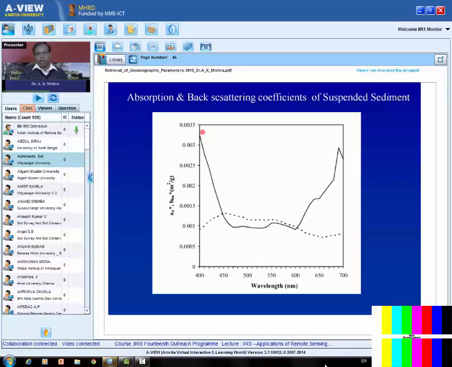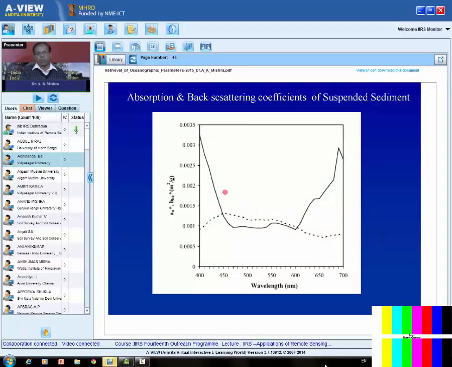So I am showing here the absorption and backscattering coefficient of suspended sediments. Normally there is a U-shaped absorption coefficient, and the scattering coefficient is a convex one. But this is a site-specific spectra that is pertaining to the east coast of India. You will get other spectra, which need not be U-shaped, it may be exponentially decreasing also.